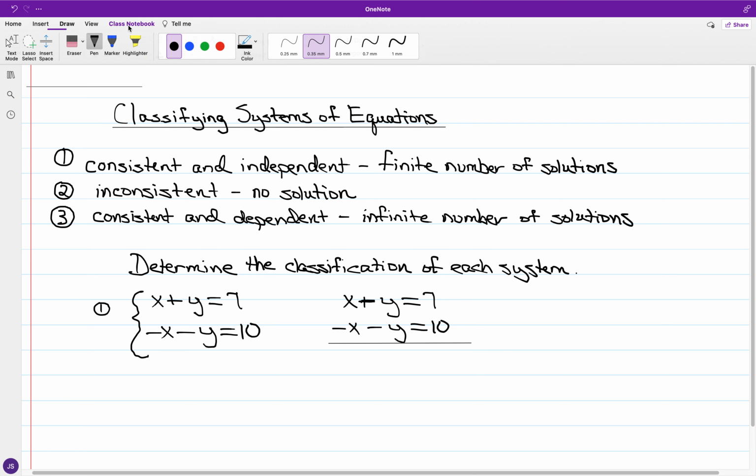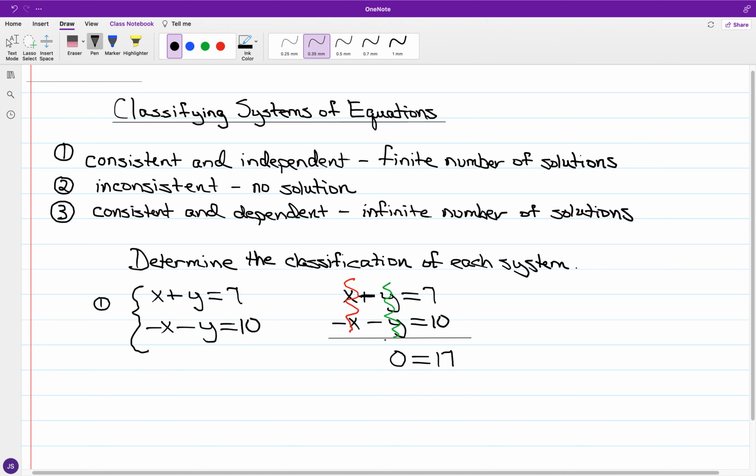If we combine what we have in x and y, you'll notice the x terms will go out, and the y terms will go out too. The whole left-hand side of the equation is going to be 0, but on the right we have 7 plus 10, which is 17.